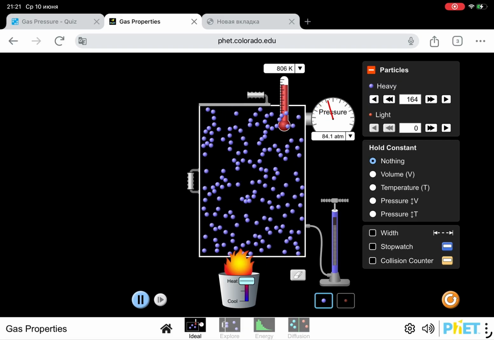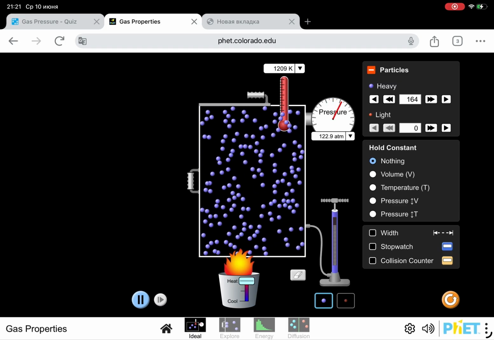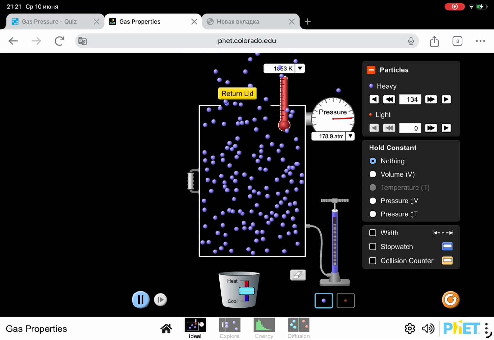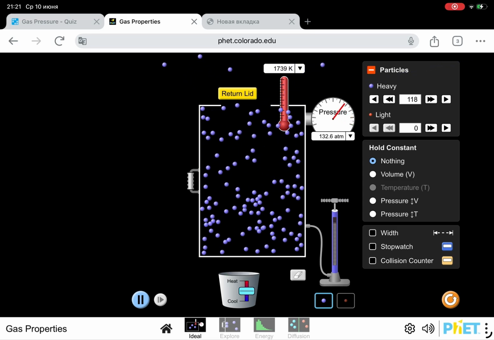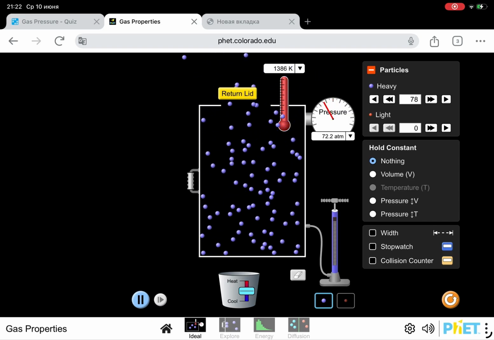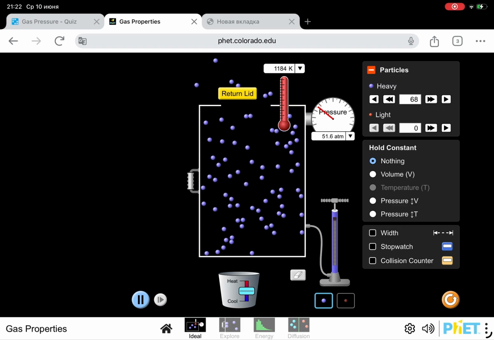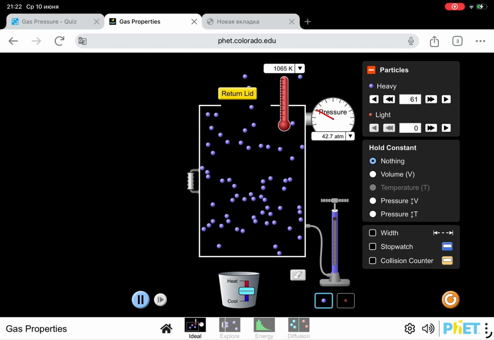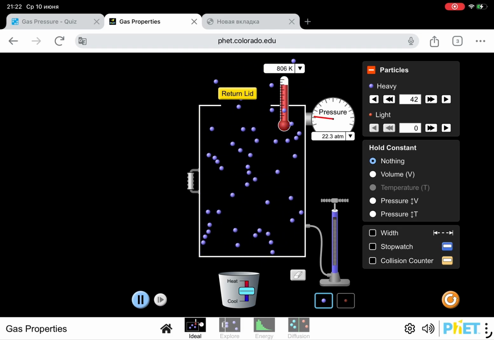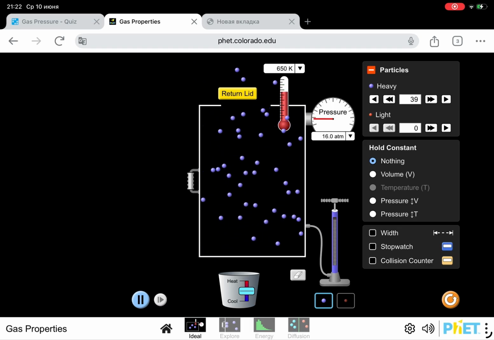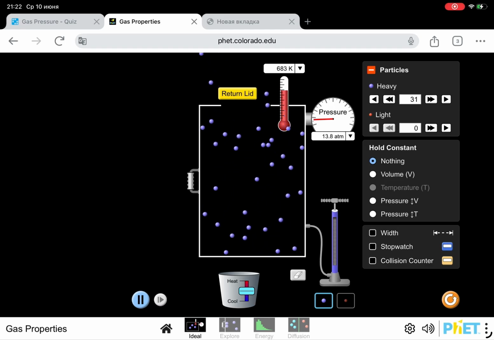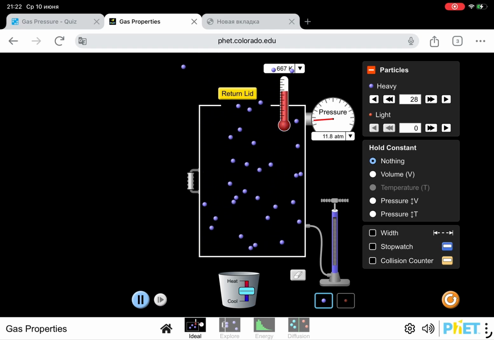Looking at the diagram, we can see that as temperature increases, pressure also increases. In the end, if we reach very high pressure, we could break our container. That's why any container that holds gas, like propane, methane or hydrogen, has break limits, because such containers can be broken by pressure.